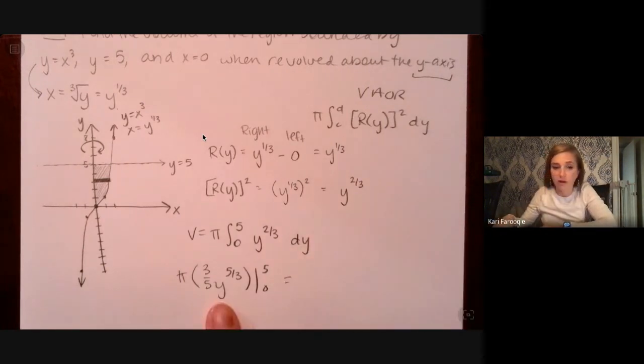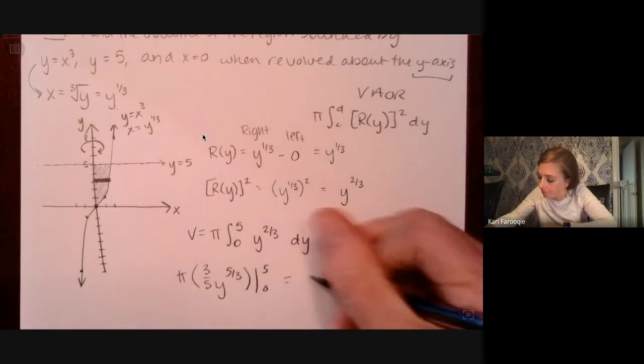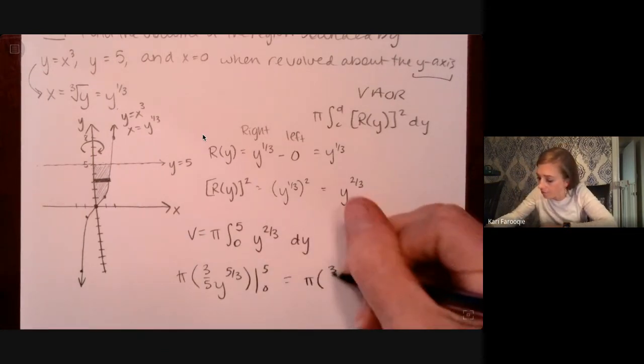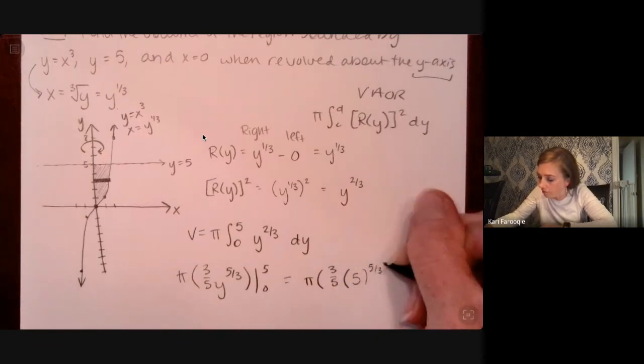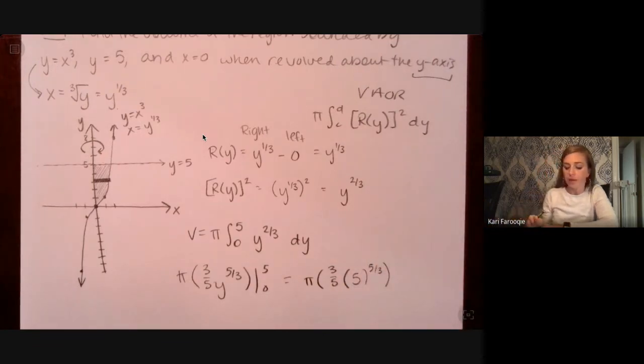Now, I know if I evaluate this at 0, it's going to zero out, so I don't need to worry about that in this case. So I'm looking at 3/5 times 5 to the 5/3. I want this to be exact. And if you're confused about how I could possibly make this exact, I'm going to show you how you would make this exact right now.